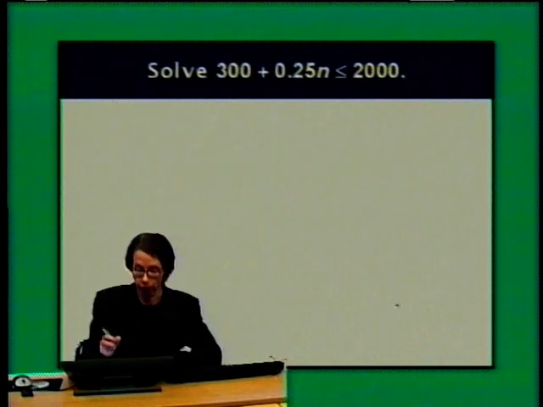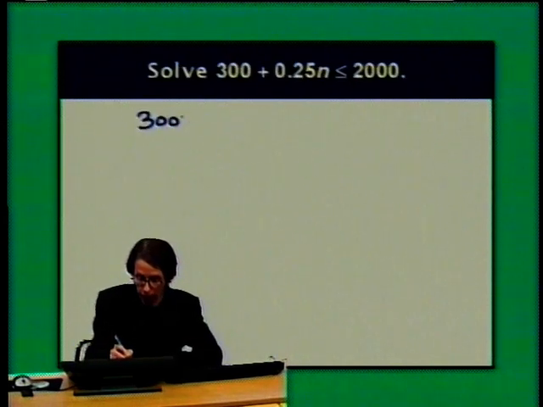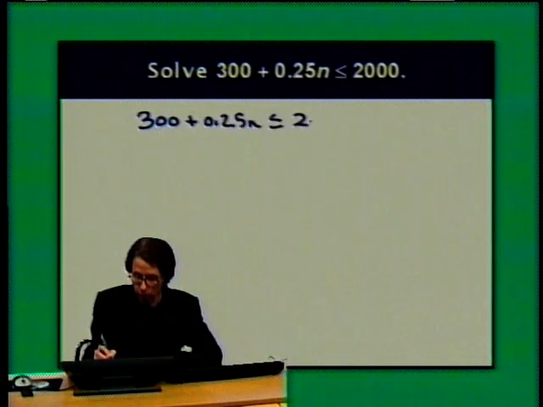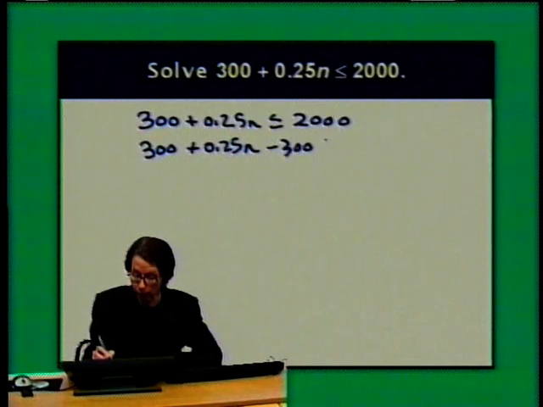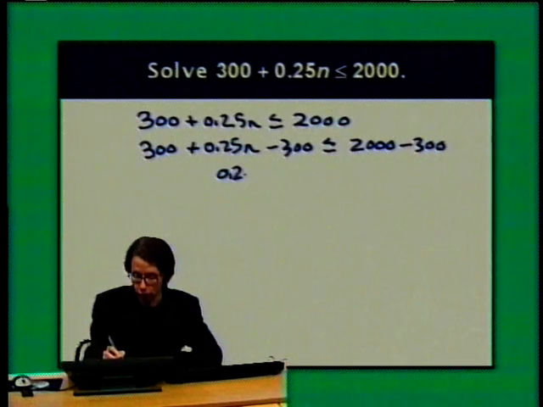So let's solve this. I'm going to start by isolating the variable term, subtracting 300 from both sides of the inequality. So I have 0.25n is less than or equal to 1,700.